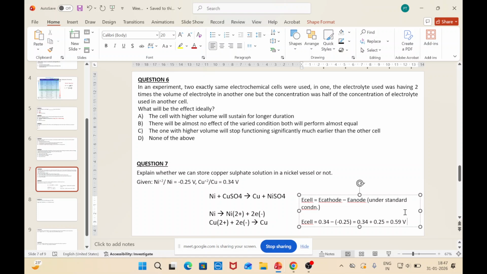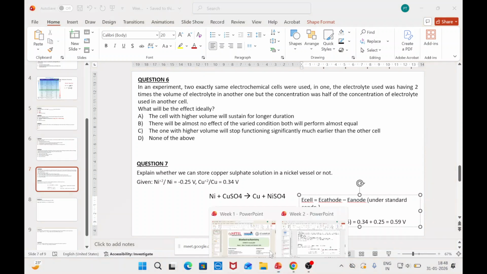It should be positive, because delta G equals minus nFE, where n is the number of moles of electrons participating in the redox reaction, F is the Faraday's constant, and E is the EMF of the cell. If delta G is negative for a spontaneous process, then minus nFE is also negative, which means that nFE should be positive. So E should be positive.